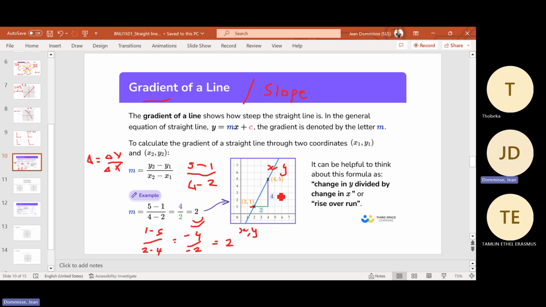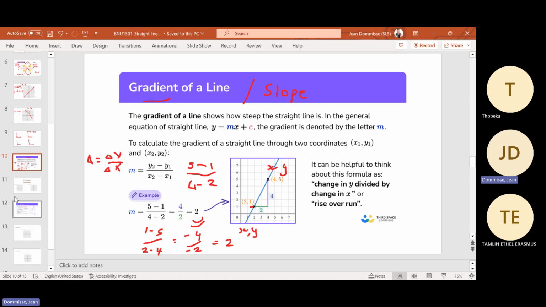So just keep the consistency. Again, it doesn't matter which point you use first, you will get the same answer because those two points lie on the same slope. So your answer will always be the same.